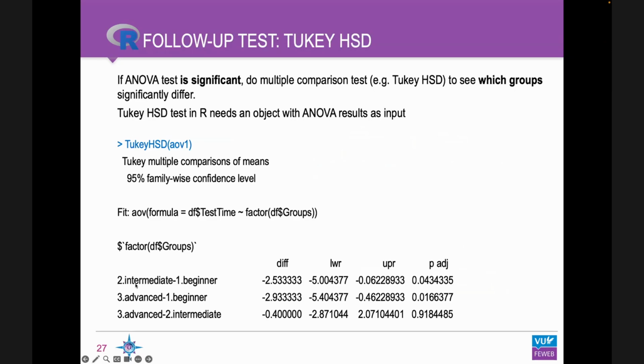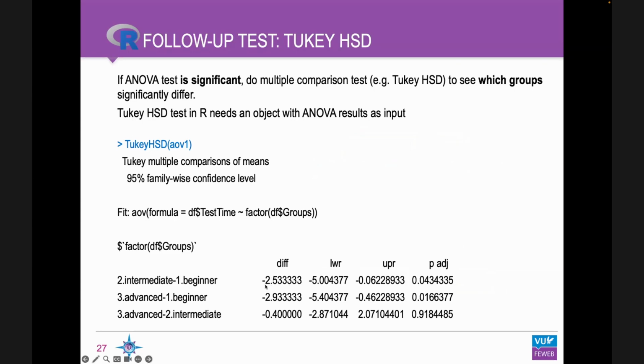So here, for instance, intermediate versus beginner. This is the difference between intermediate and beginner, and we see that the p-value is less than 0.05. So we can conclude that this is a significant difference. Okay, so we reject the null that this is 0. We can conclude that this difference is significant.